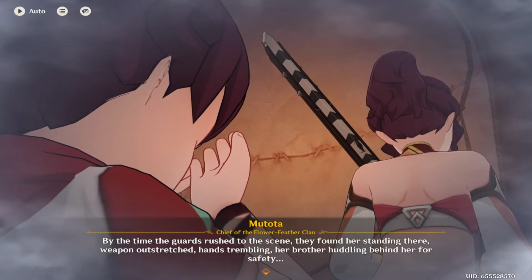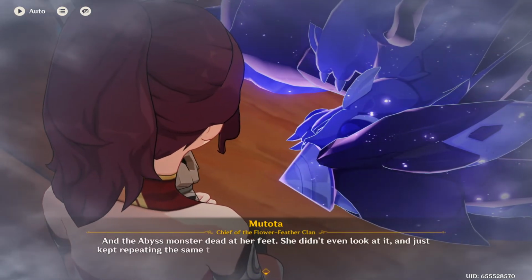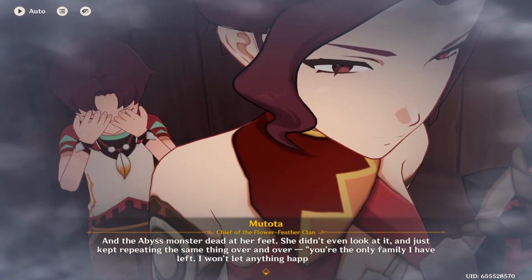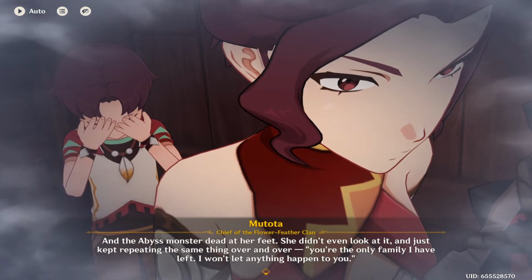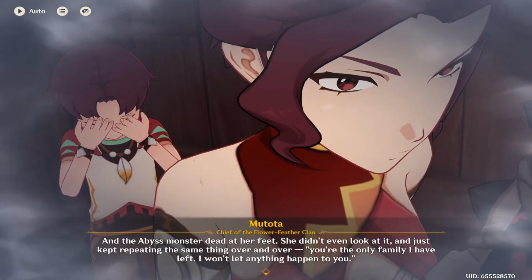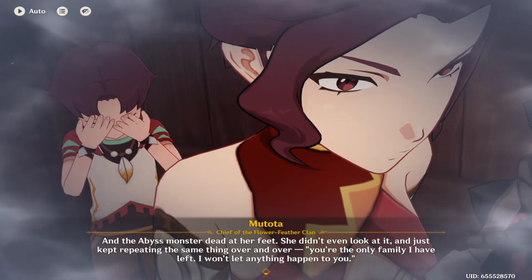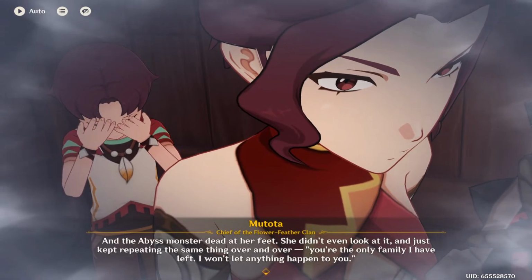Her brother huddling behind her for safety, and the Abyss monster dead at her feet. She didn't even look at it, and just kept repeating the same thing over and over. You're the only family I have left. I won't let anything happen to you.